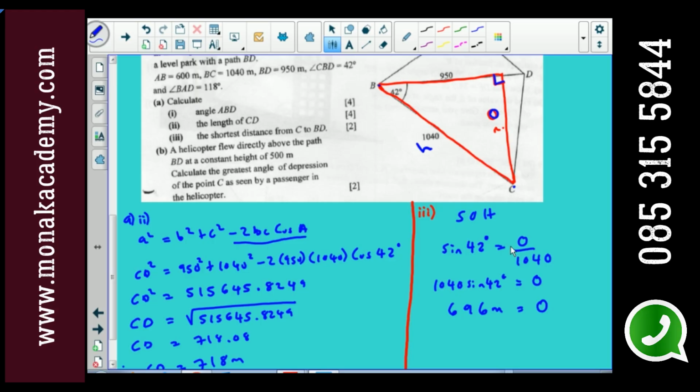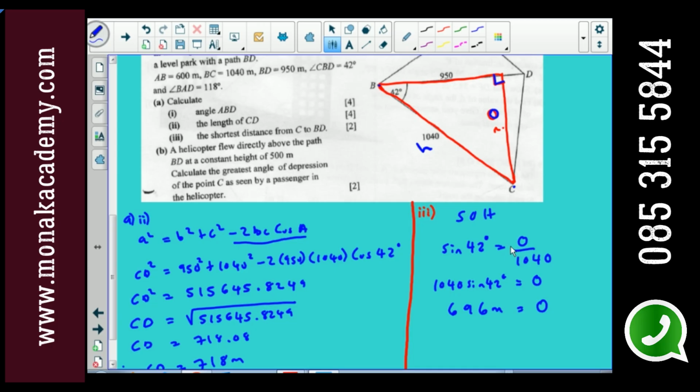So, I think it's now the second time we've done a question whereby they want the shortest distance from a point to a line. So now that you know that, you just draw the line, and when you draw the line, it will immediately form a right angle with where it intersects that line.